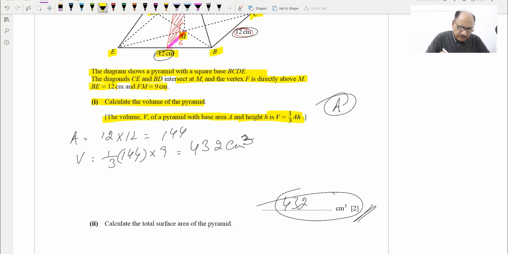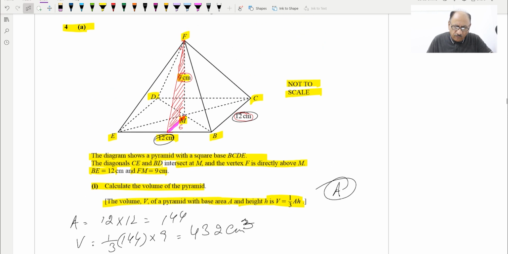So second part, they are saying calculate the total surface area of the pyramid. So for surface area, we basically require that slanting height also, because we need to find the area of this shape. Which shape we require?